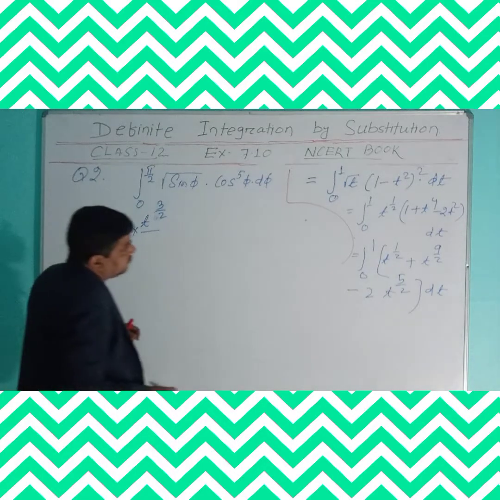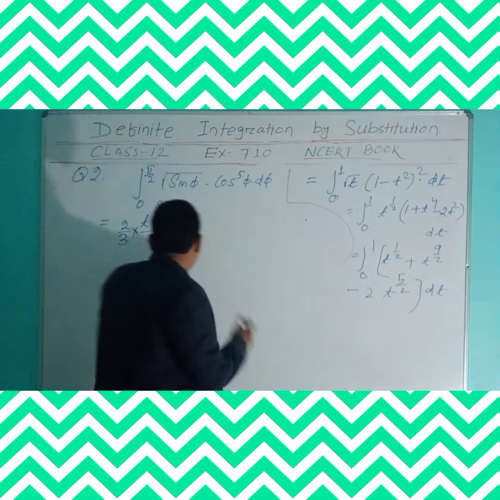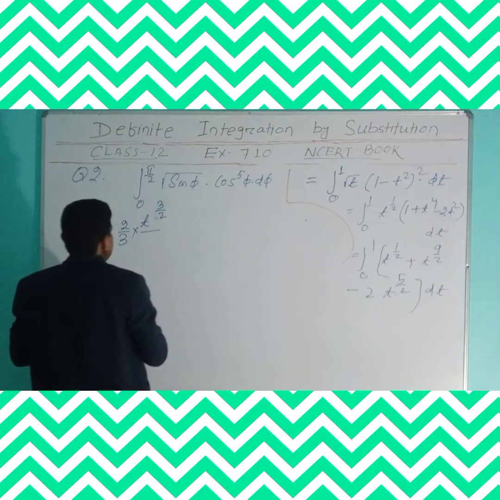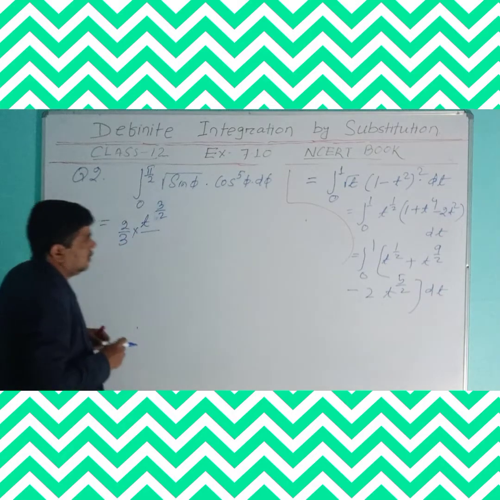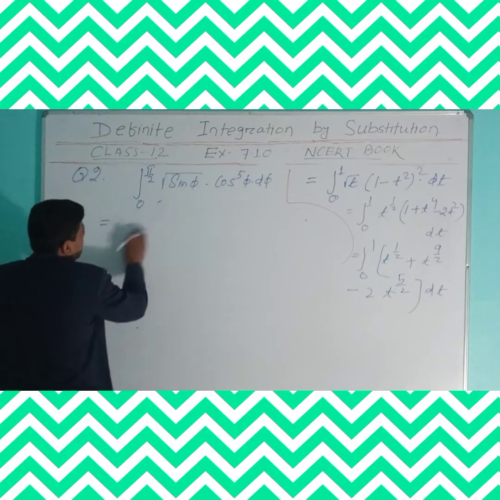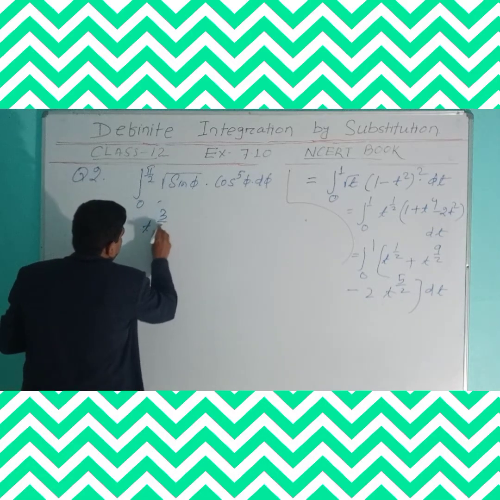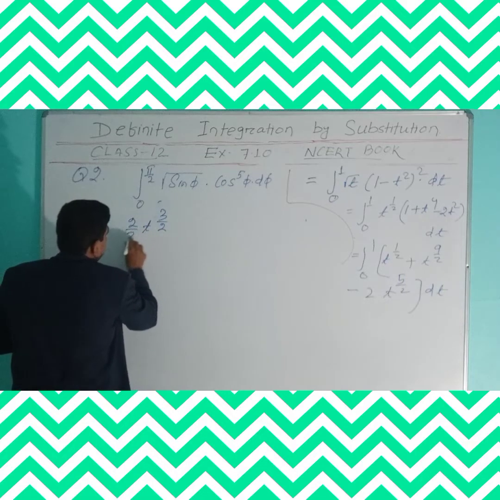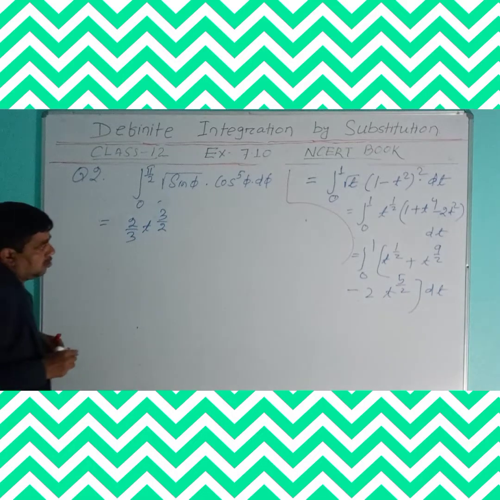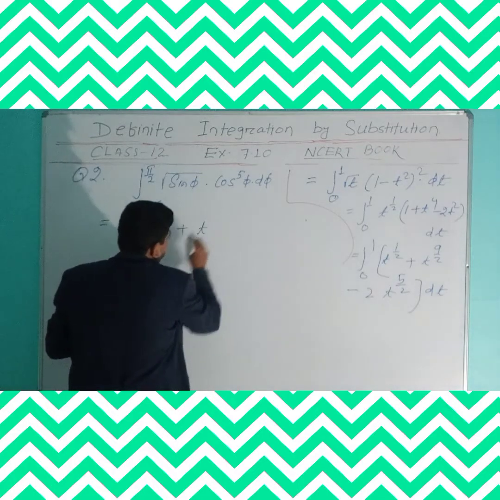So the 3 by 2 will be reciprocal, which is 2 by 3. In a similar manner, the next sign is plus. Understand or not? Okay. So you can simplify it as t to the power 3 by 2 into 2 by 3. Similarly plus, you see t to the power 9 by 2 plus 1.